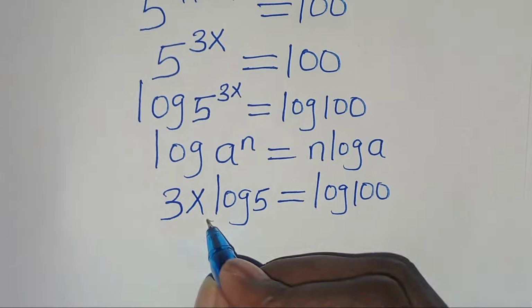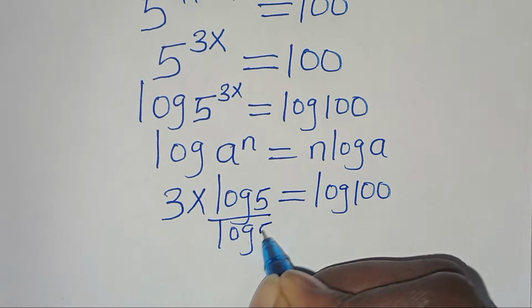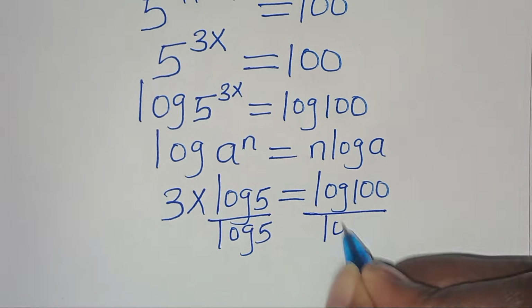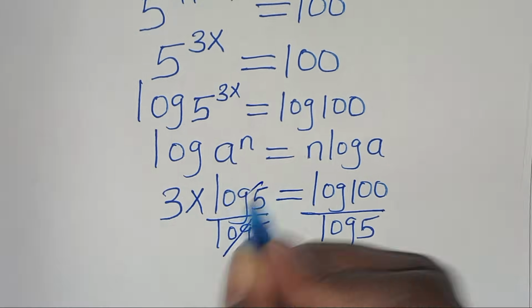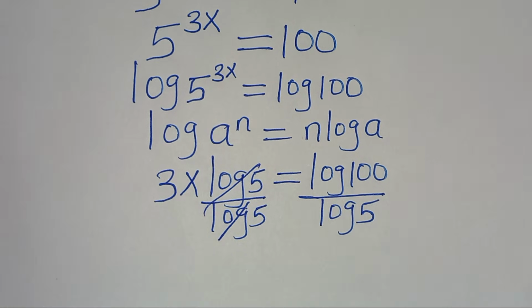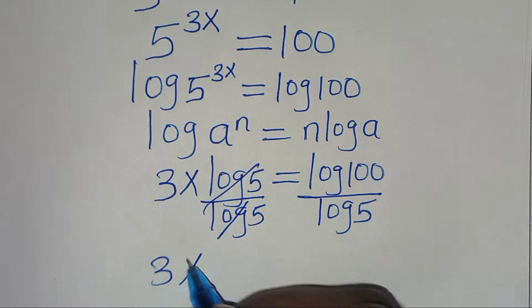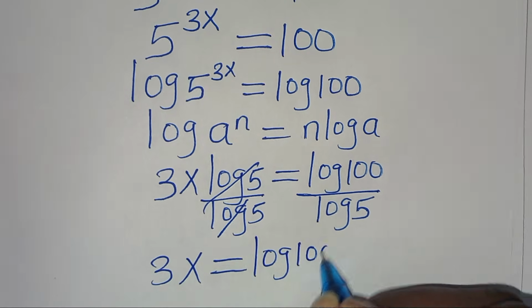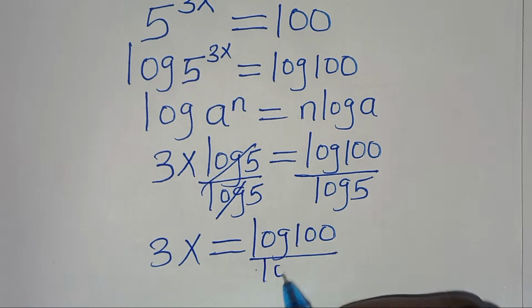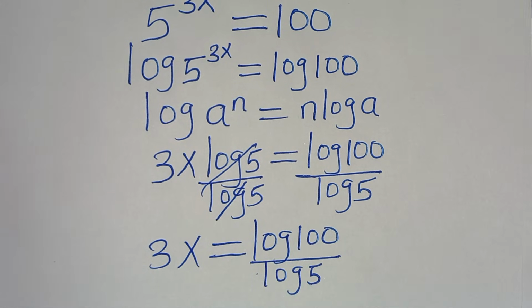So let's divide both sides by log 5. Here we have log 5. Now, let's simplify log 5 and log 5 here, so that now we have 3x. This is equal to log 100 divided by log 5.